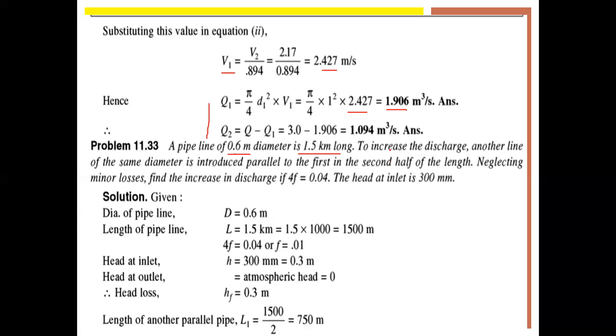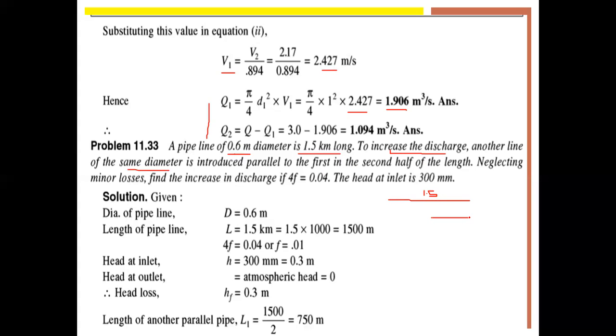In order to increase the discharge, పెంచడానికి another line of the same diameter, same 0.6 meter diameter తీసుకొని is introduced parallel to the first in the second half of the length. అంటే ఇప్పుడు for example, if you see the pipe length is like this, 0.6 diameter తో this is 1.5 kilometer pipe. సో దీనికి parallel గా సేమ్ డయామీటర్ పైప్ తీసుకొని సెకండ్ హాఫ్ నుంచి స్టార్ట్ చేశాడు.